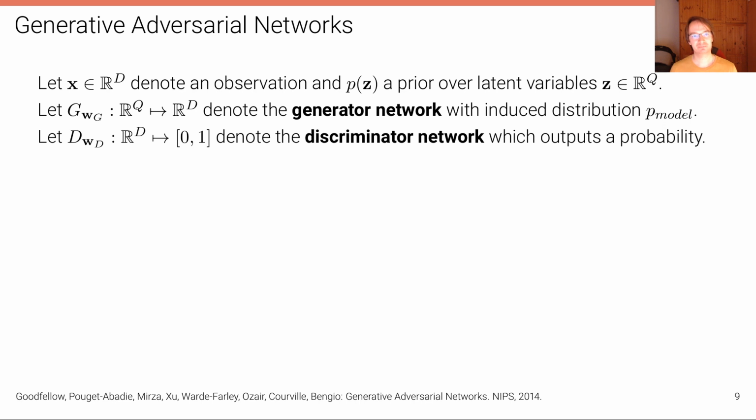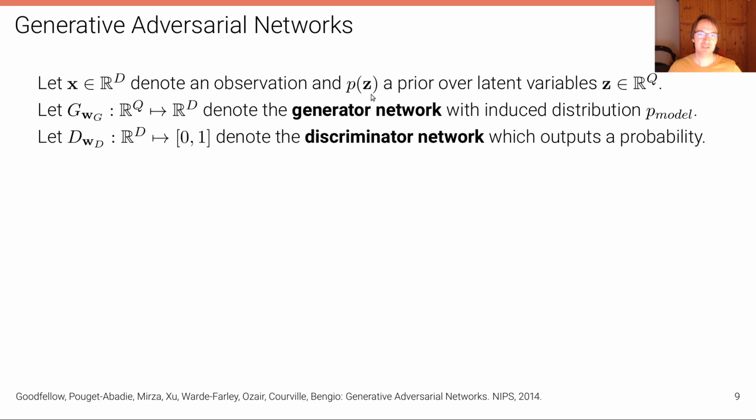So let's make GANs more formal now. Following our usual notation, let X, an element of R^D, denote an observation. That could be an image, where D is width times height.